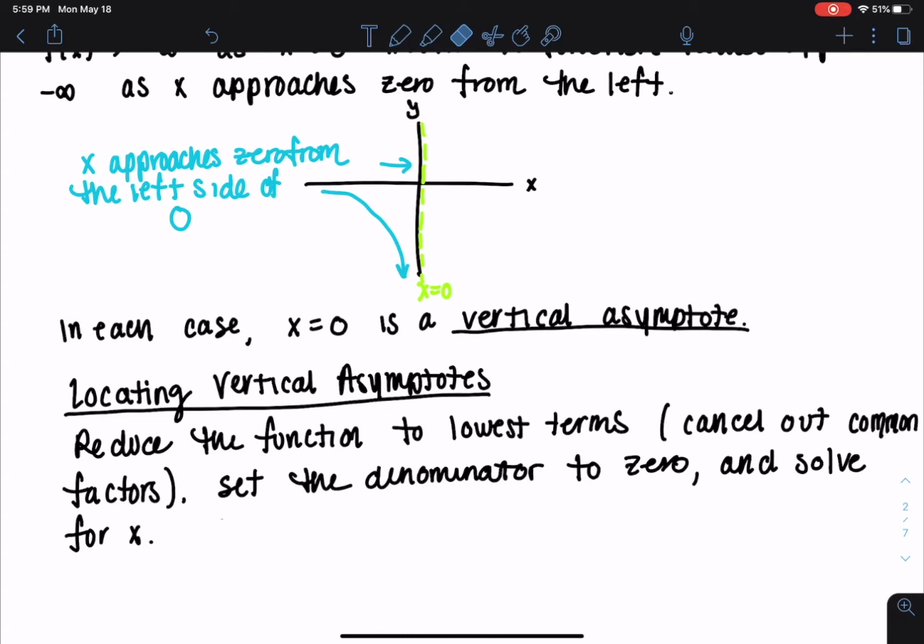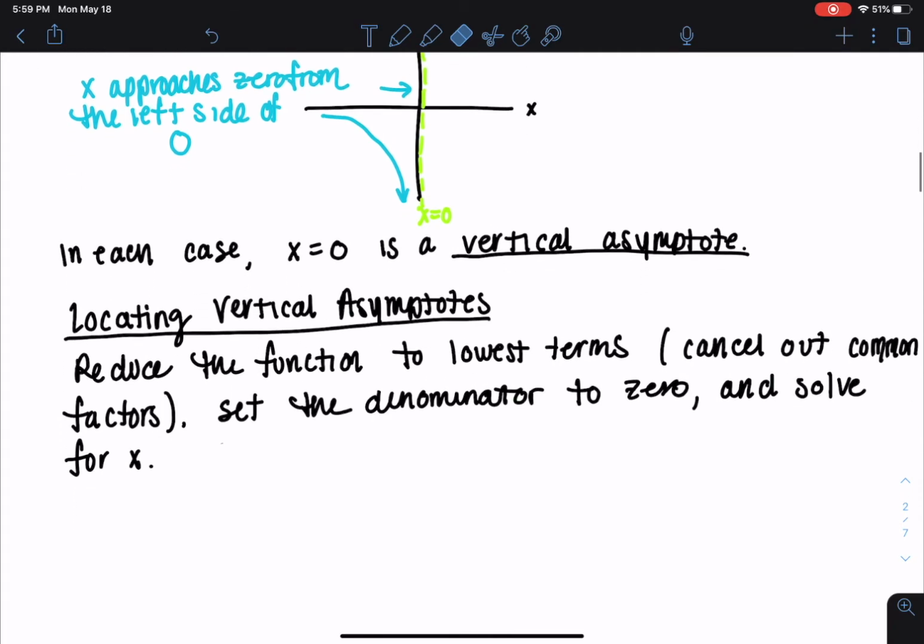You know you can't take 1 and divide it by 0, but that's kind of the idea you want to keep in your head. If you divide by 0, it's potentially going to cause your function to blow up. Not always, though, so don't get confused.